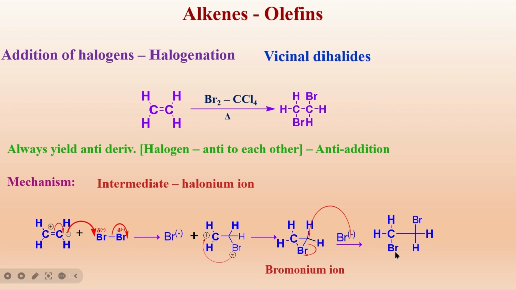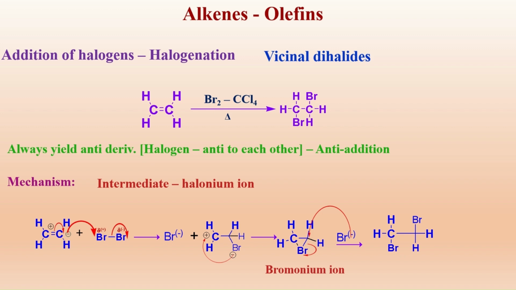The formation of this anti-dibromoethane indicates that the intermediate formed is the halonium ion. This is the mechanism it follows.